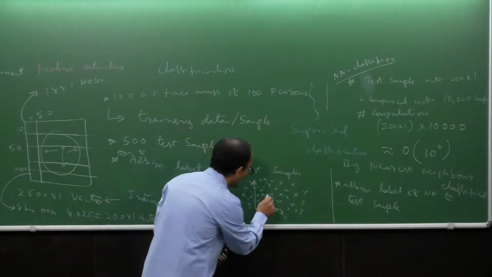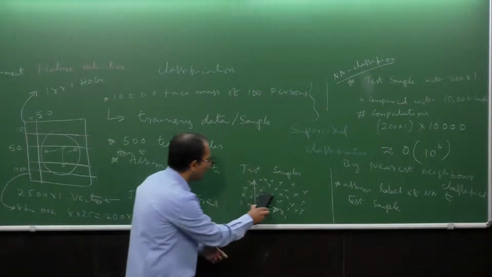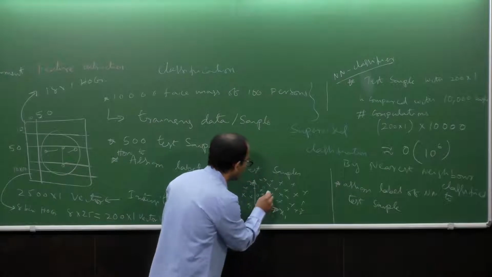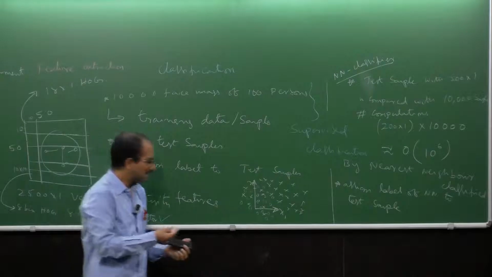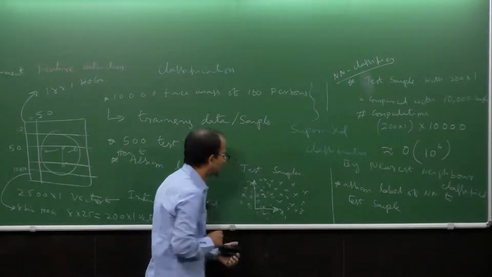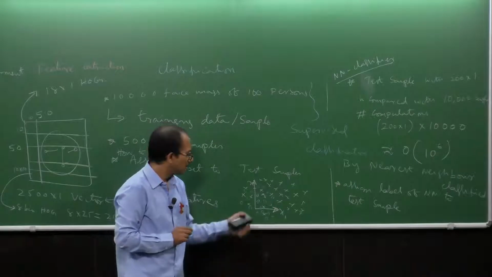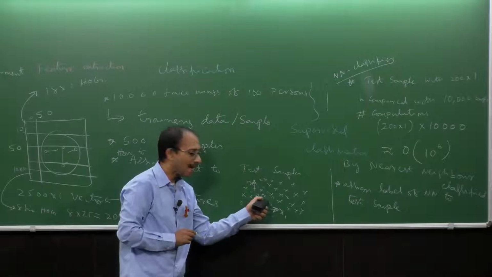Now assume that I want to put it into one of the categories. To which category should I put it? The nearest neighbor, with the least distance, is this one. But you see that many of the samples around it are from the other class.